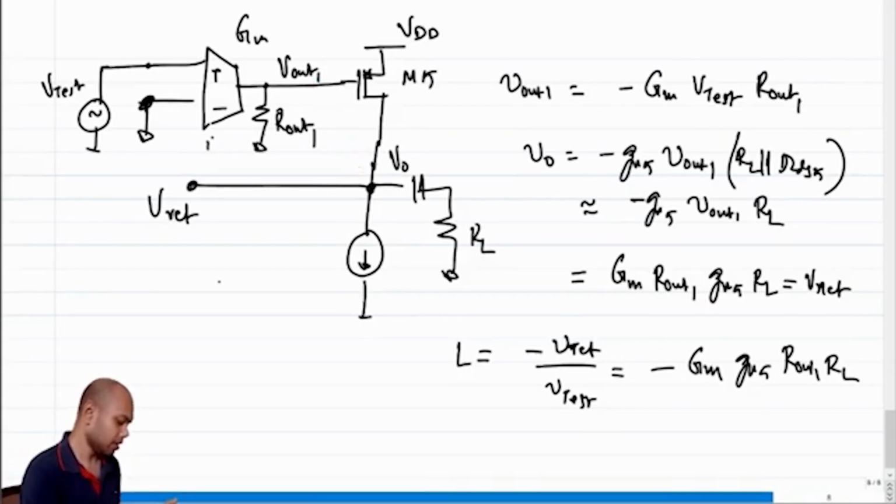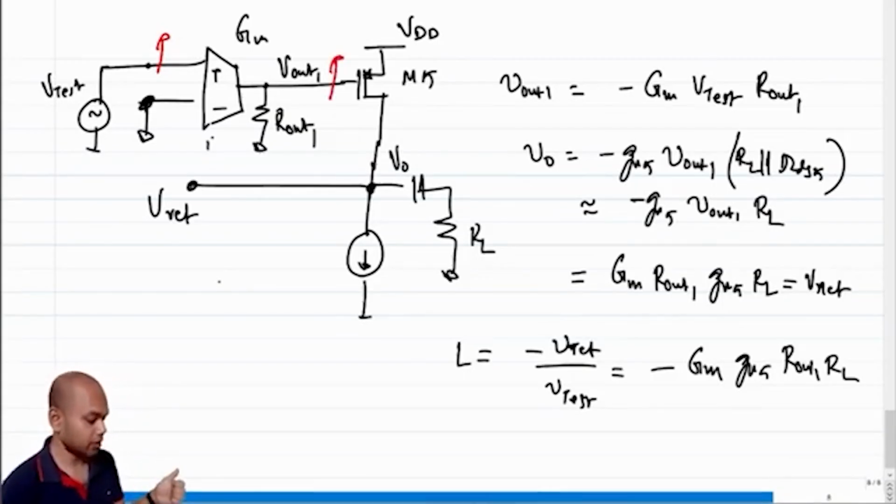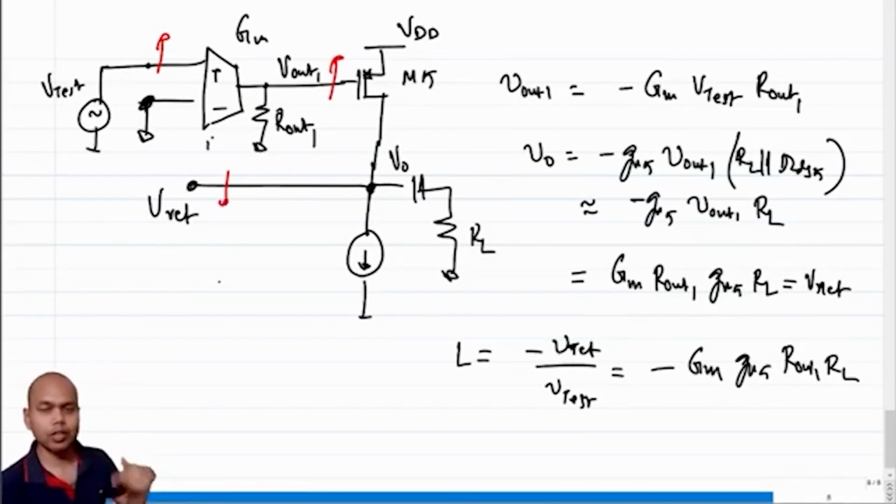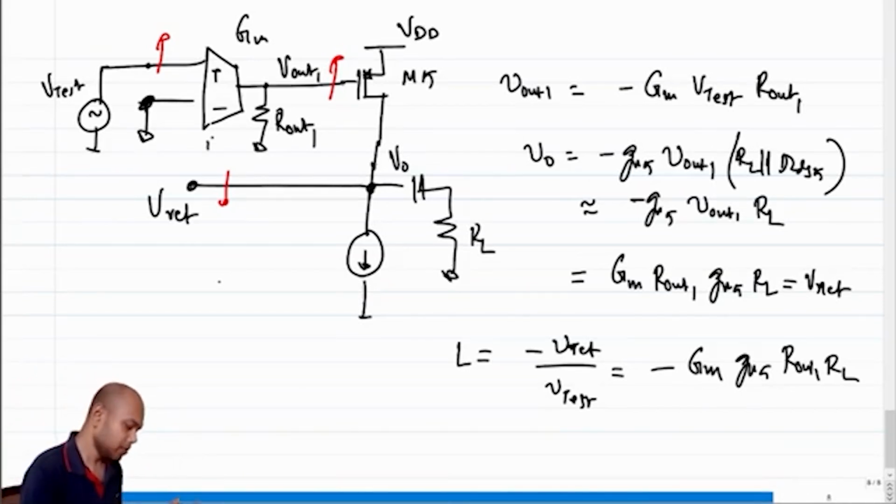So again, let's go around the loop. If this increases, what happens to V out 1? V out 1 increases. If V out 1 increases, V out decreases. And now when the loop is closed, you can see that a voltage in the negative direction is coming back, which means that all these signs will change.